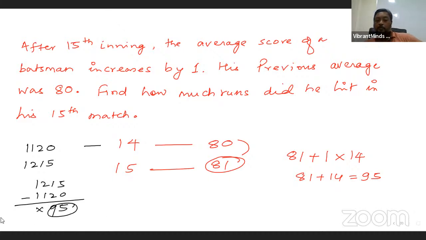So 95 is the score. You can do it like this also. Is it clear?